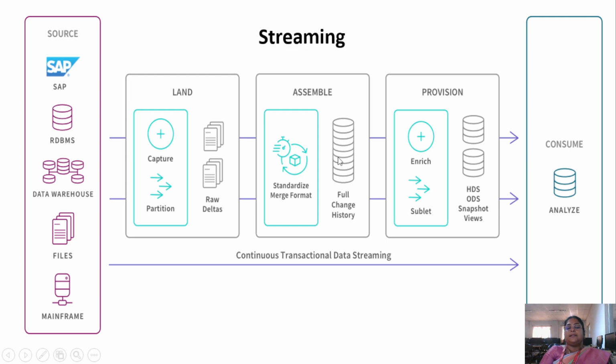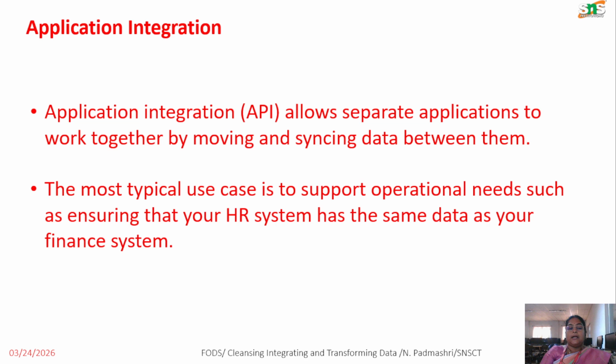Here it assembles the data, standardizes it, merges it into one format, keeps the full change history, and enriches or converts the data. For example, if we want our video to be telecast in HD format, we have a provision to enrich the pictures or data in HD format. Then we give it to the consumer for analysis. So this is called online streaming, continuous transactional data streaming.